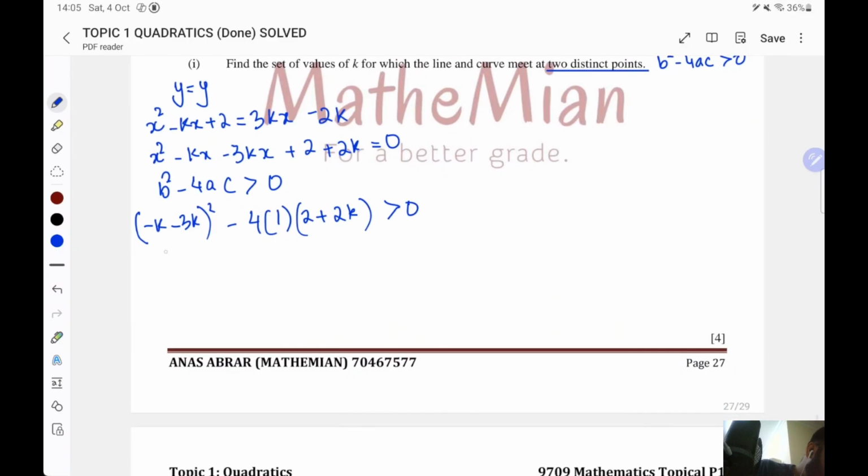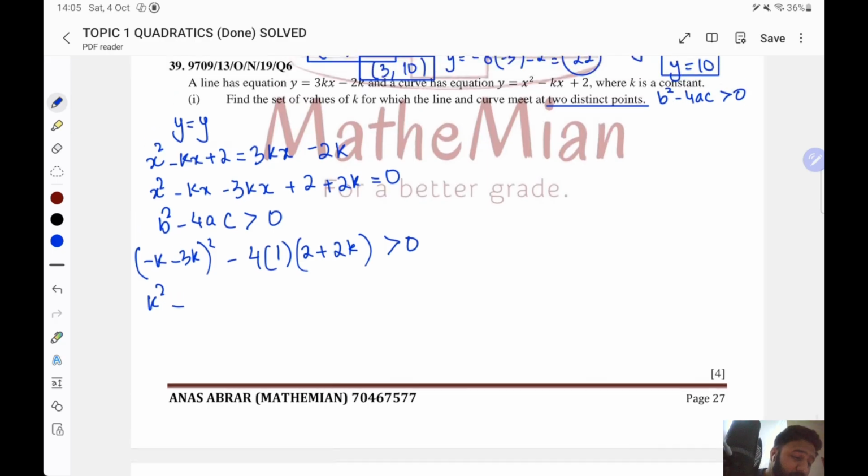If I expand it, it will be k square. We can simplify this, and in minus 4kx, it will become minus 4k.